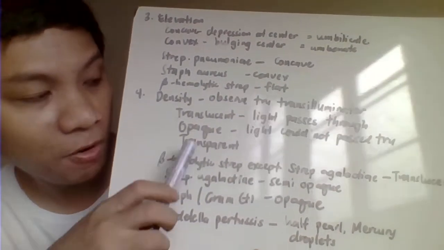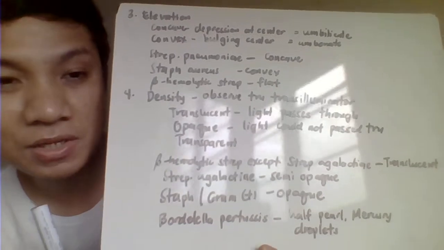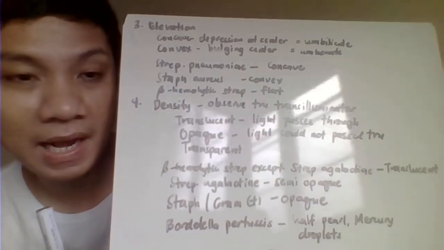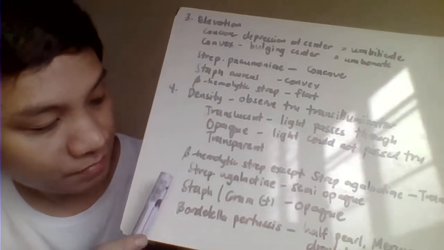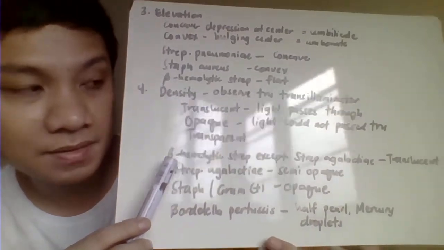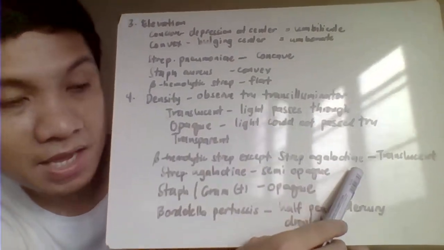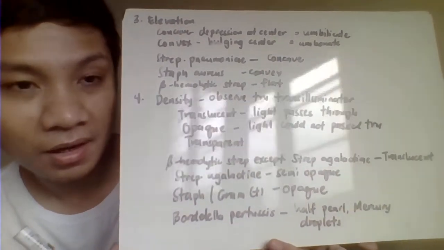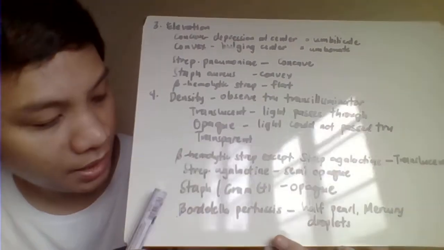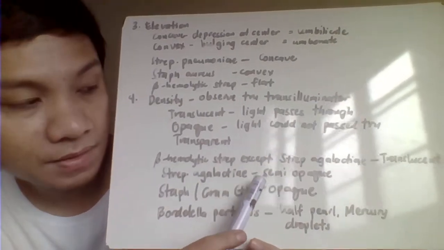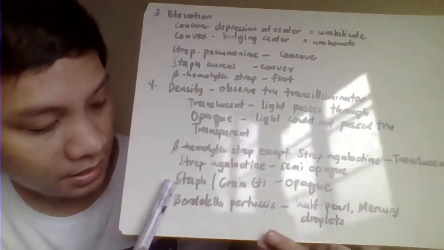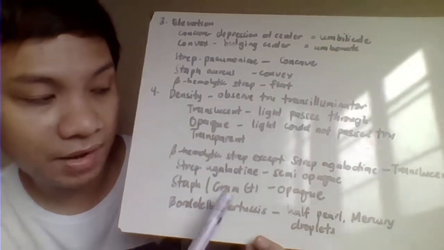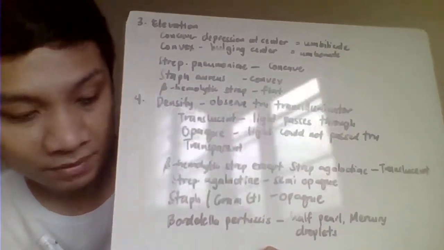Opaque is no longer turbid; it will not allow light to pass through. Your beta-hemolytic strep, except your Strep agalactiae, would have a translucent density. Your Strep agalactiae would be semi-opaque. In the case of your staph, the gram-positive organism would have an opaque colony.